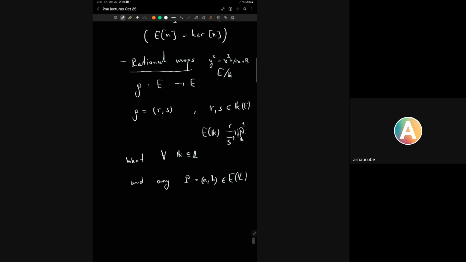Then I can plug in P into R, and I can plug in P into S, right? Because R and S, each of them has two variables. So I have R(A,B), I just write R(P), and I have S(P). Each of these is an element in the projective line.